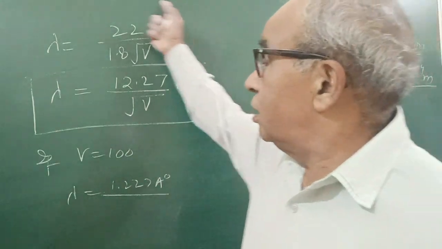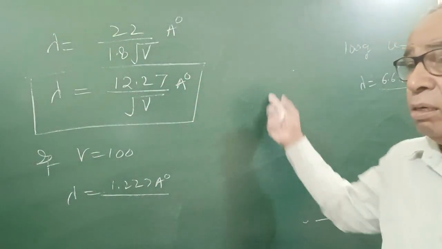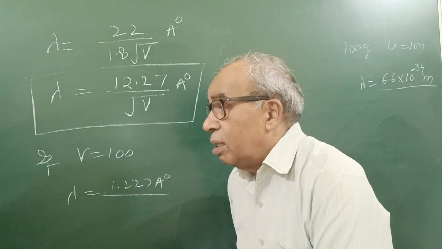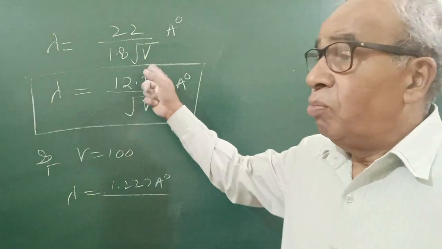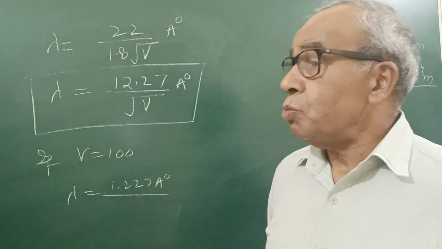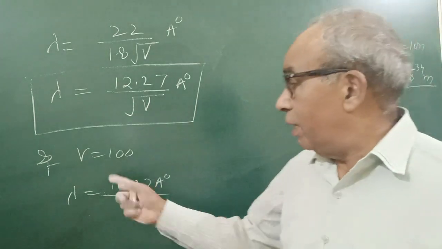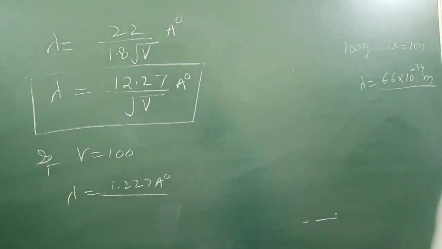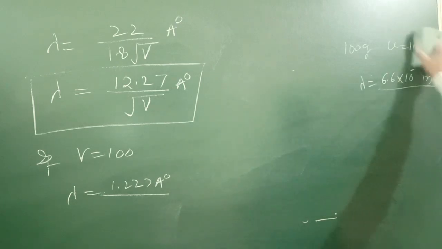So all this derivation was theoretical, but Germer and Davisson proved it practically. The same wavelength was measured by them. So practically de Broglie wave exists, and we are applying it in the electron microscope.